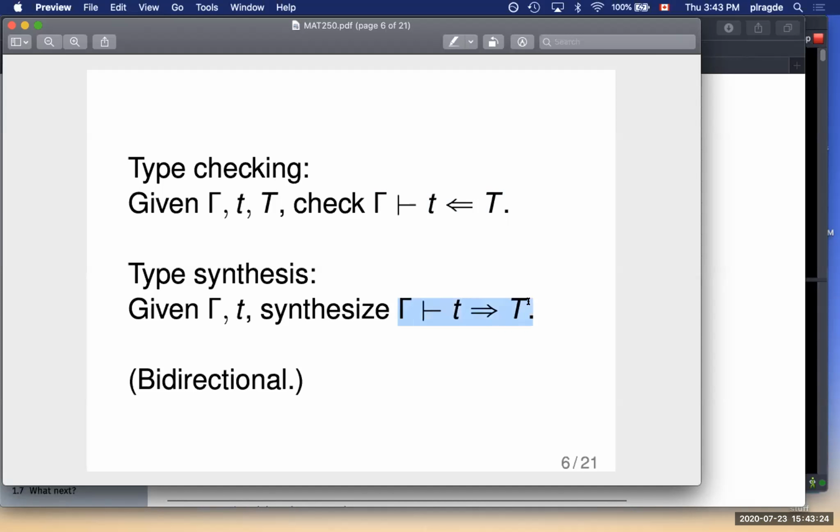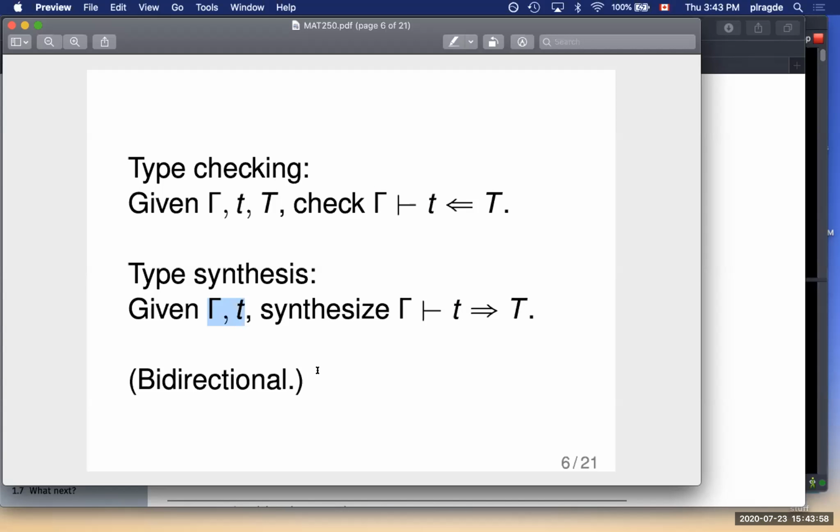And type synthesis has the arrow going in the other direction, where you produce the type T rather than being given the type T. And so in type synthesis, you're only given the context and the proof term. And you can synthesize the fact that from those two things, there exists a complete proof tree that proves that little t is a proof for big T.